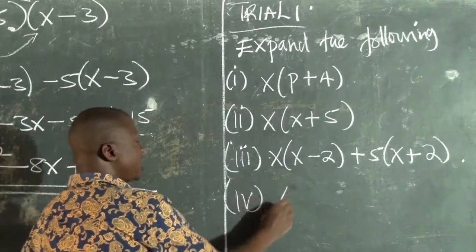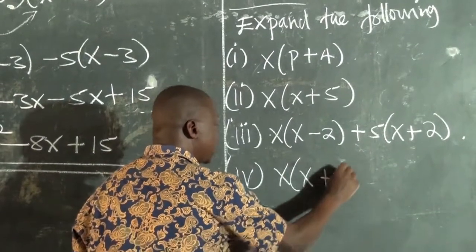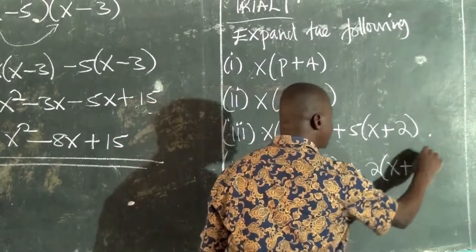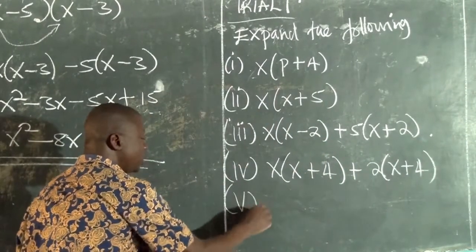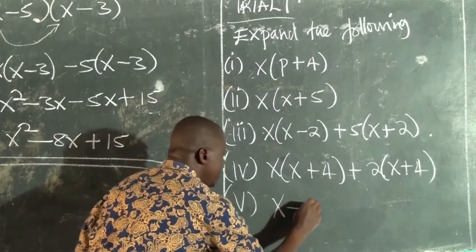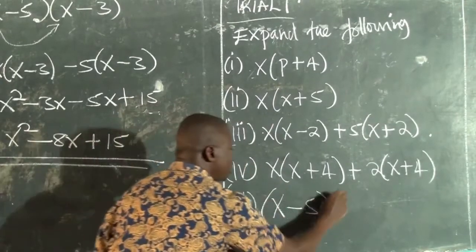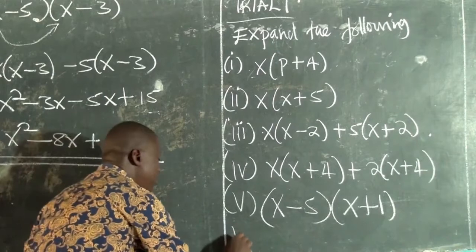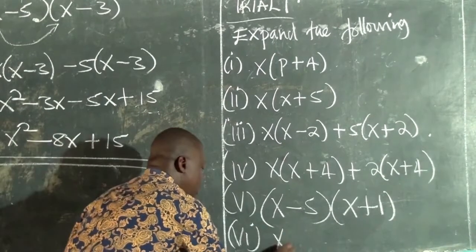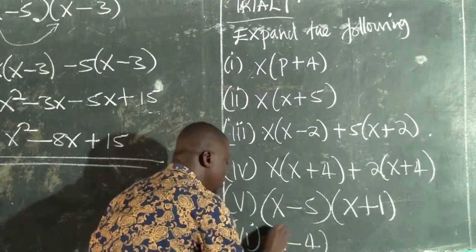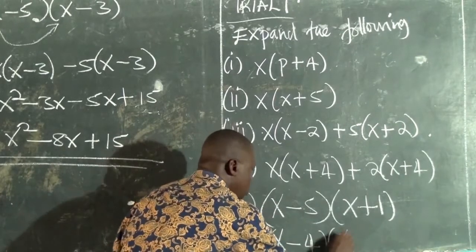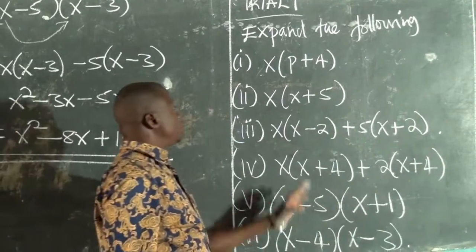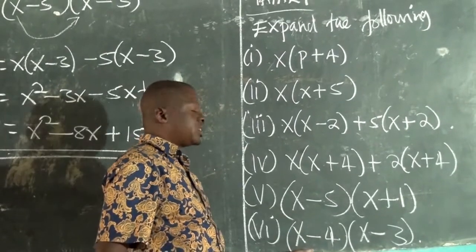Next, we have x into x plus 4, then plus 2 into x plus 4. We also have x minus 5 into x plus 1. Next, number 6, that is x minus 4 into x minus 3. So try to do this work during your free time.